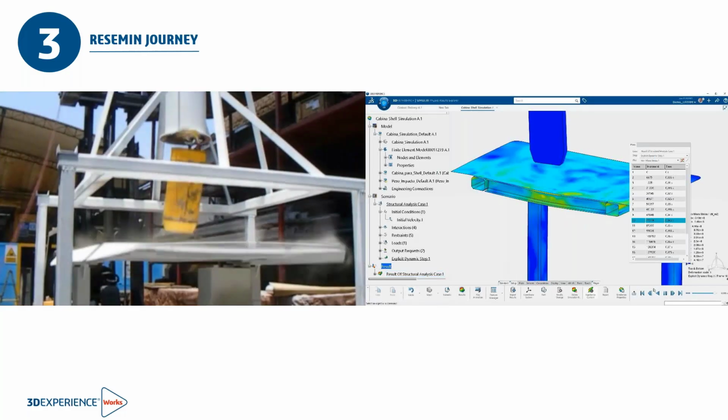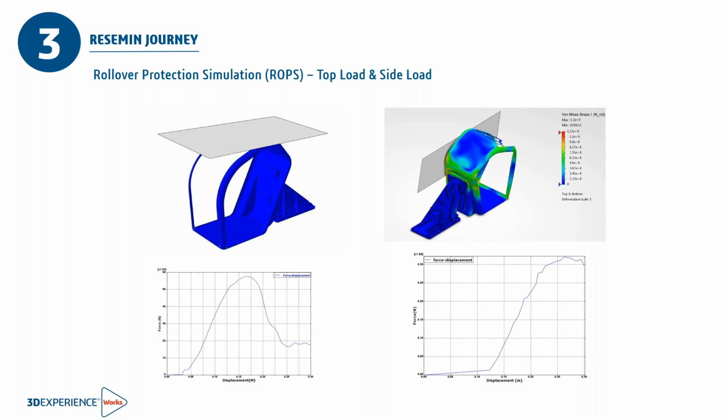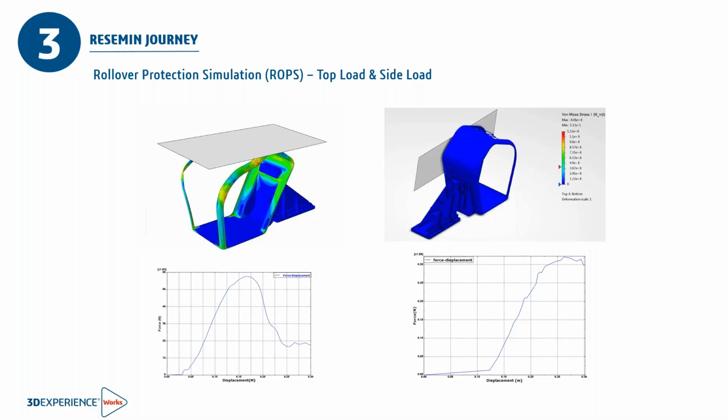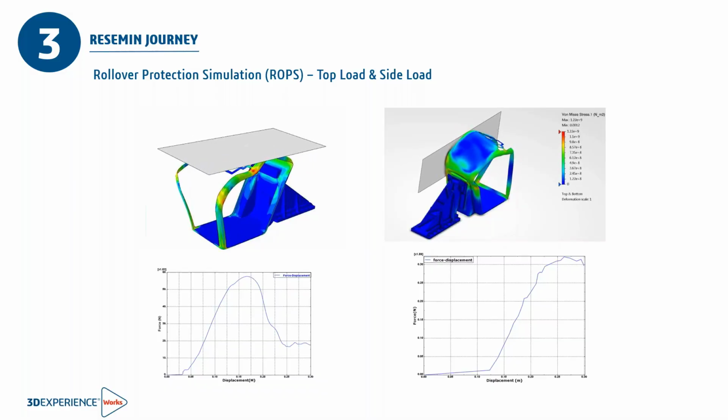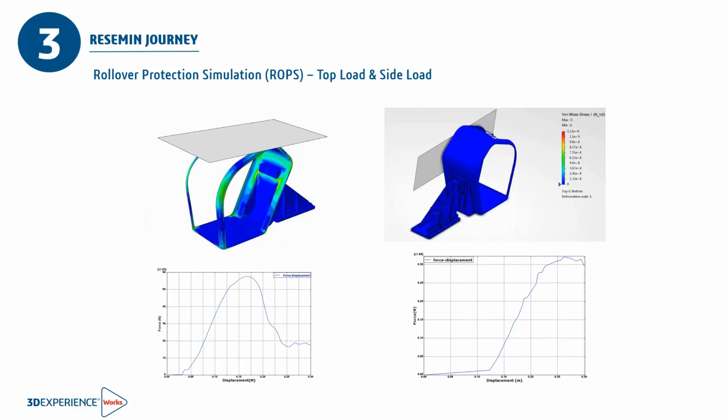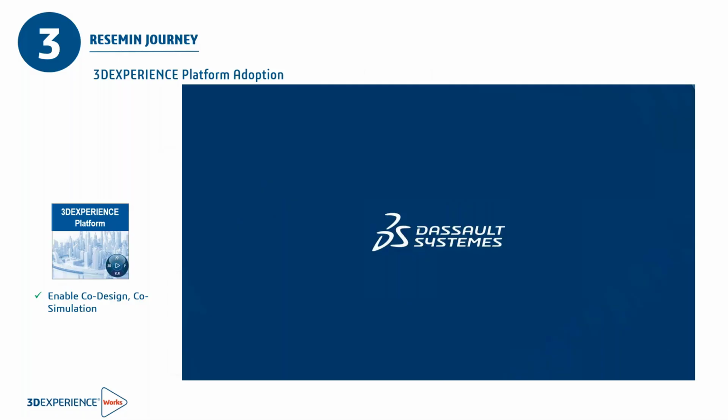Interesting, right? In the same way, there is another approach where we can even do a top load or side load protection, that is a rollover protection simulation, to understand how much force is required to buckle such a cage geometry, or how much side load is required for it to get a significant failure at that particular point.